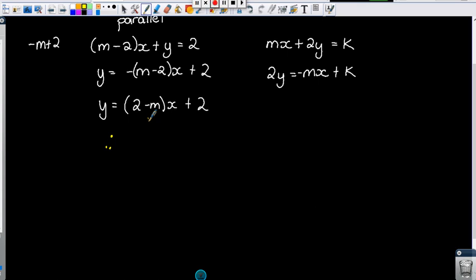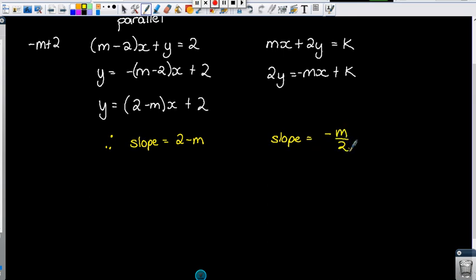Ugh, swines. So I'll just make up my own little slope equals 2 take m, and over here the slope is negative m over 2.